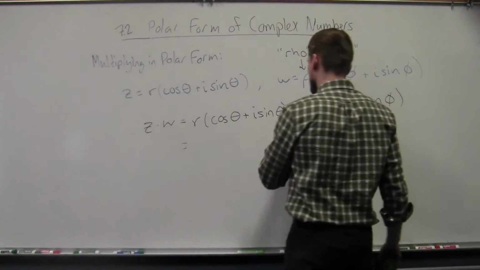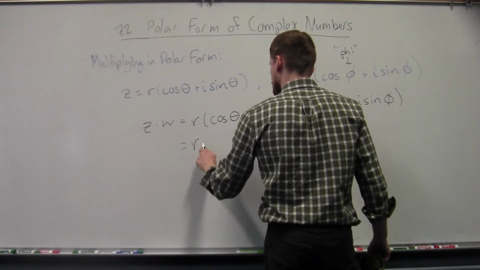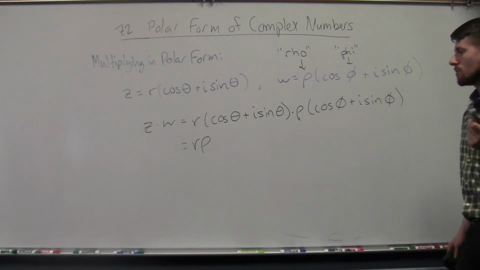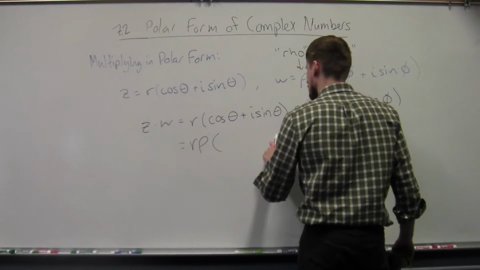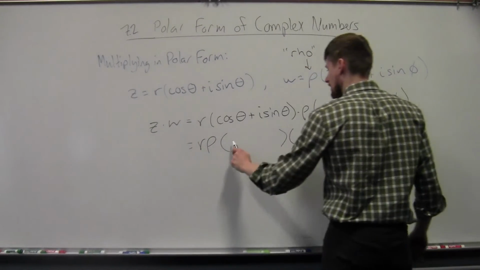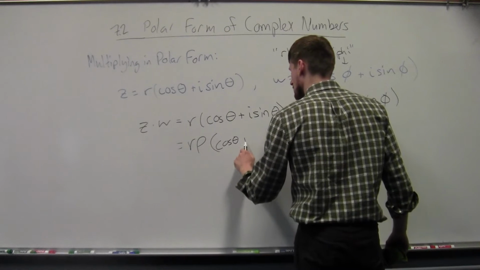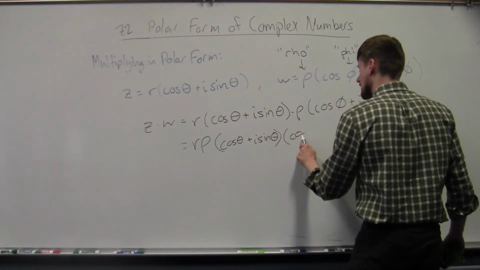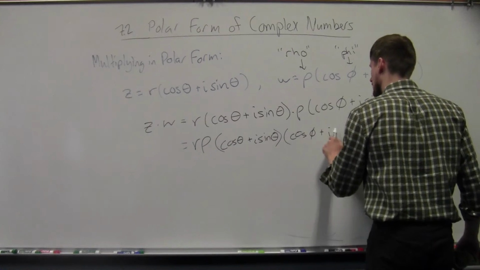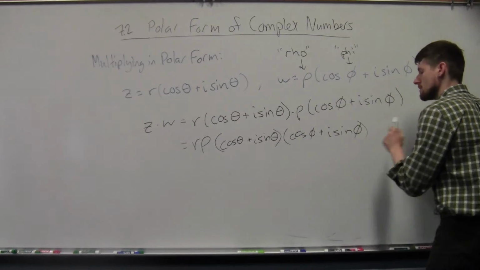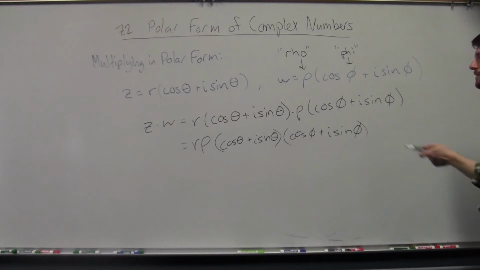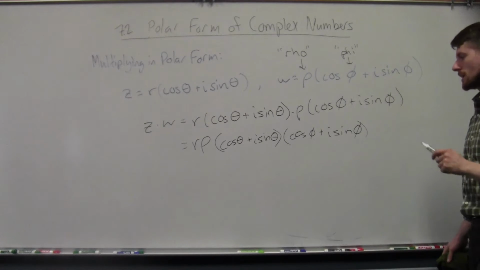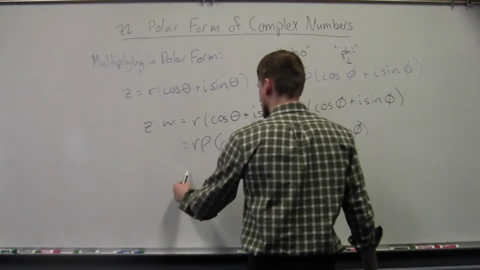So we'll do r times rho first; you can multiply in any order. Then we'll foil cos theta plus i sine theta by cos phi plus i sine phi: cosine times cosine, cosine times i sine, i sine times cosine, i sine times i sine. Let's see what we get.